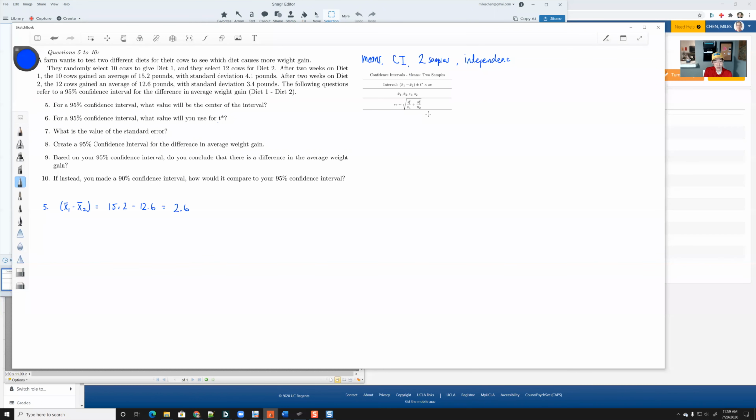What do we use for t star? For number 6, our degrees of freedom is going to be equal to n minus 1. And we have two n's, right? We've got 10 and 12, so n1 is equal to 10 and n2 is equal to 12. We're going to use the smaller of n1 and n2, so we've got 9 degrees of freedom.